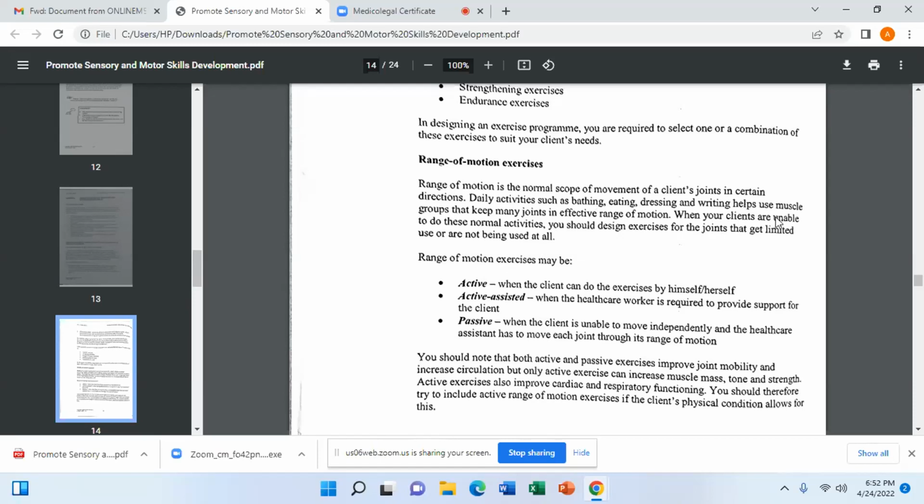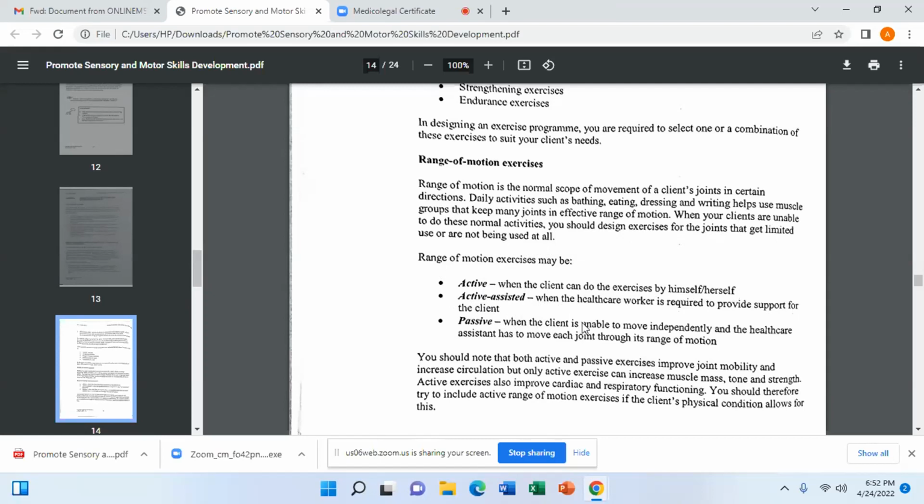So when your clients are unable to do these exercises, you should try to help them do the exercise. The different types would be active, active assisted, passive. Active range of motion exercise is when the client can do the exercise on their own. Active assisted is when the healthcare worker is required to assist the patient to do part of it on their own.